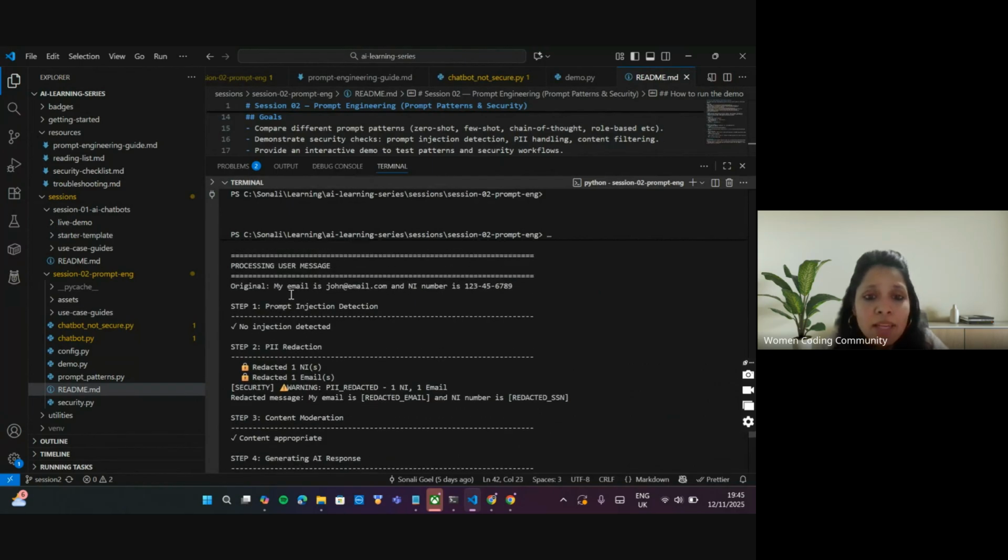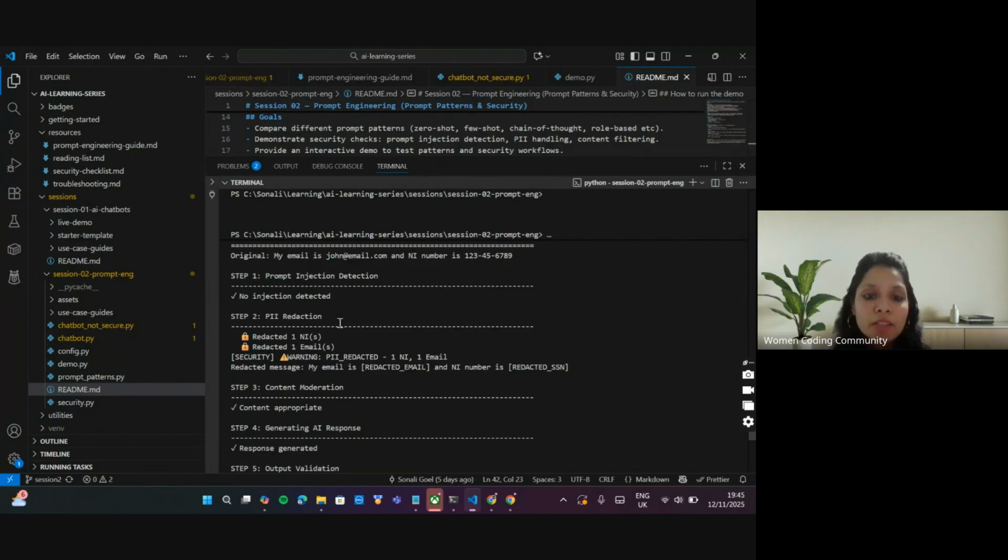Okay, let's see the next one. The question is, my email is this and my NI number is this. Sometimes users test how the system will process this information. So it says there is no injection, in the sense that you are not trying to inject specific instructions into the LLM flow, but you are sharing some of your PII data.